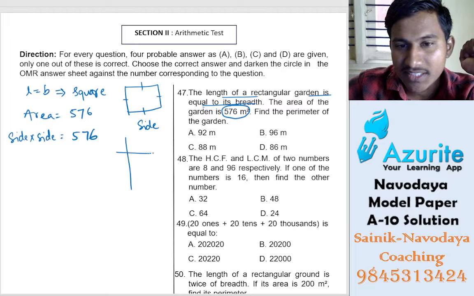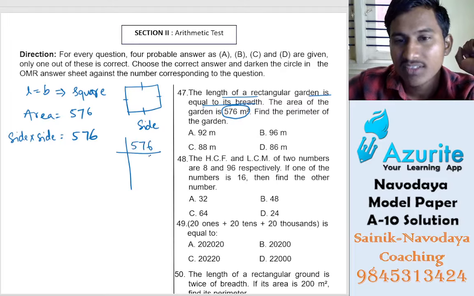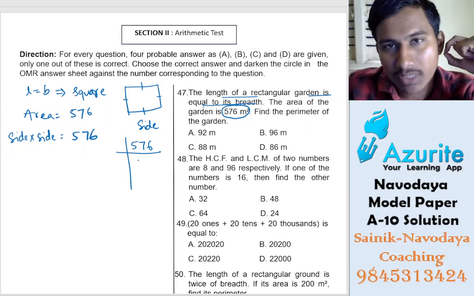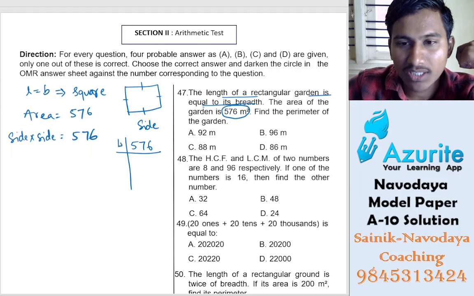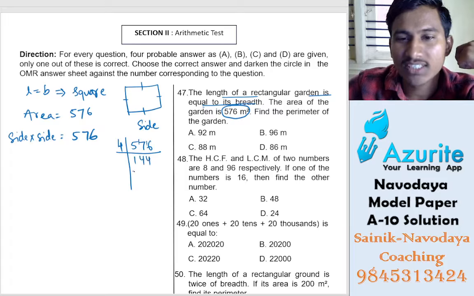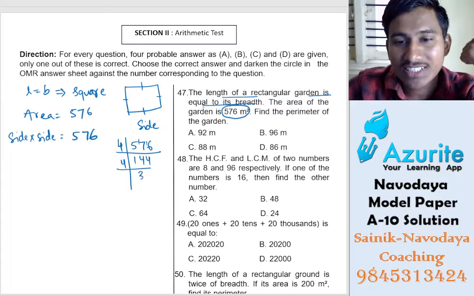So 576, how can we factorize? This will come in the 4 table. 4 ones are 4, 1 will be remaining, 4 fours are 16, 1 will be remaining, 4 fours are 16. After that again we can do with 4. 4 threes are 12, 2 will be remaining, 4 sixes are 24. Now 36 will come in the 6 table. 6 sixes are 36, 6 ones are 6.